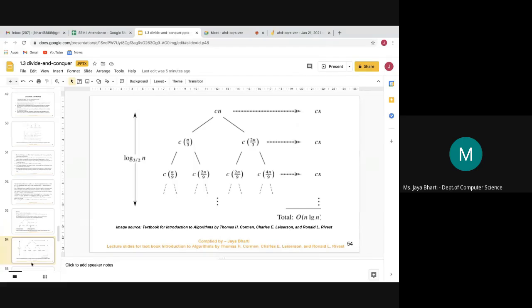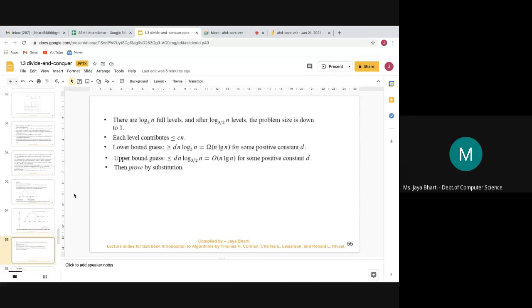So this also has log n levels, which in this case has base 3/2, and the total cost will be order of n log n in this case. So when you add everything, you are getting the cost of order n log n.